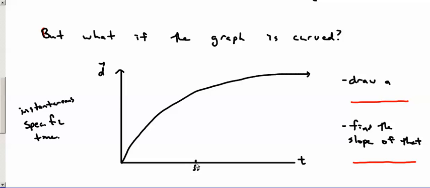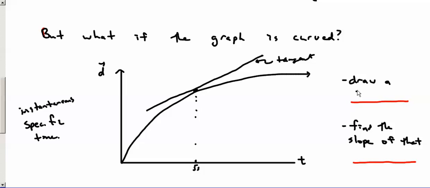So I see 5 seconds, I get it on the graph, I draw a point there, and then I draw a tangent line, and this is going to look really rough because I'm free-handing it, but I draw a tangent to the curve at that point, and this tangent should only touch the curve here, only here, no other point.